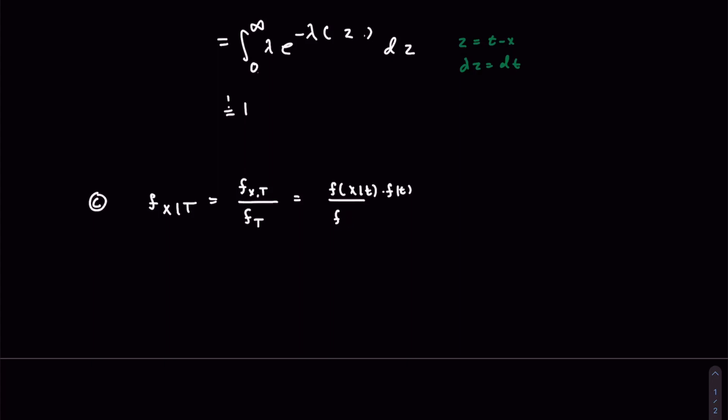For symmetry, I'm just going to write this. Sorry, this is wrong. We don't want to condition on that term. We want to condition the other way. So we condition on x, because that is what we know.